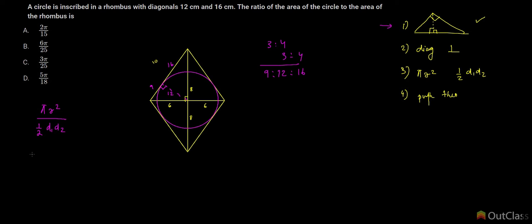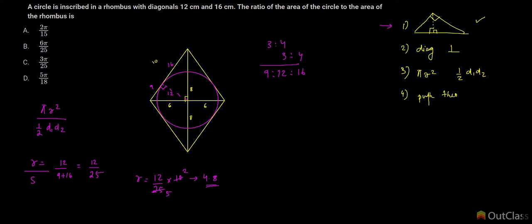Now that means the ratio of the radius of the circle to the side of the rhombus is 12 by 9 plus 16, 12 by 25. This means that the radius is 12 by 25 times the side, which we already know to be 10. Cut a 5, 2 and 5, 24 by 5, 4.8.